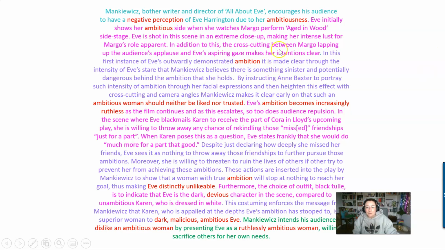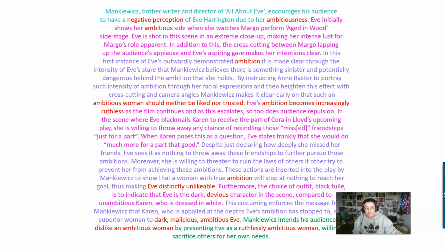Okay, the other thing I want you to note is see how much evidence and explanation I give. So I give my evidence and I give as much detail to my explanation as my evidence. Okay, at least. You should always invest as much, if not more time to your explanation than you do your evidence. The reason for that is your explanation is really where you prove that you understand the text, okay?